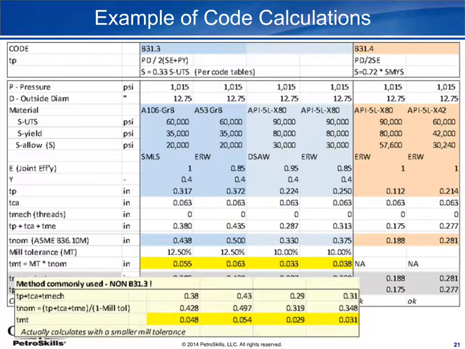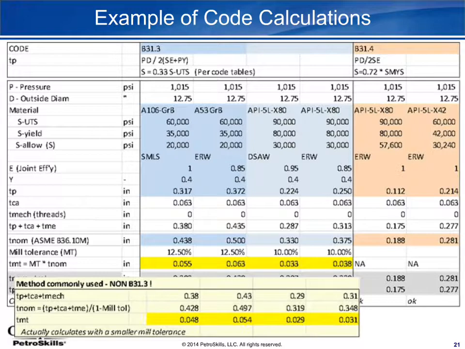It is a reduction in wall thickness, of course, but it's not a huge reduction. That is because our allowable stress for B31.3 is based on a fraction of the ultimate tensile strength versus a fraction of the yield strength.